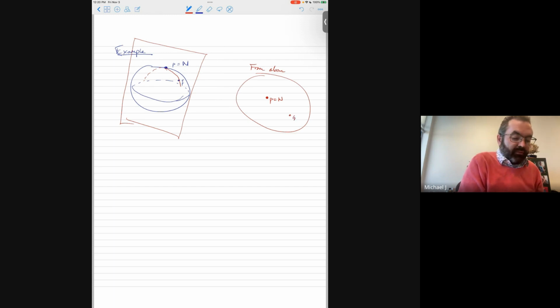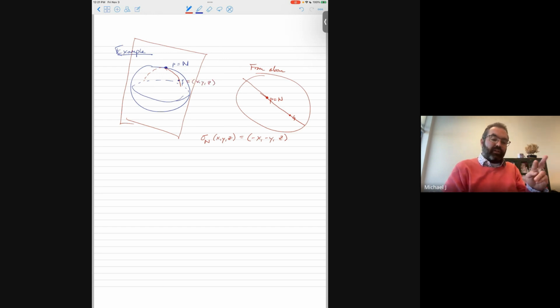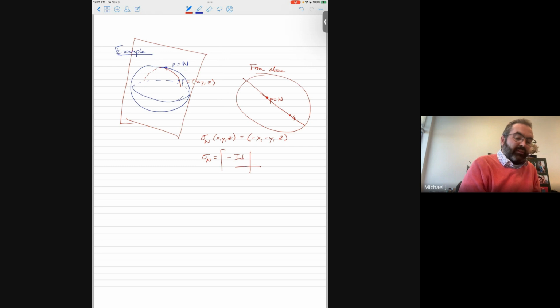You just follow that straight line, and to get the geodesic reflection, I follow the same straight line backwards. In coordinates, if Q equals (x, y, z), then the geodesic reflection reflects the x and y coordinates: it's minus the identity on x and y, and 1 on z.